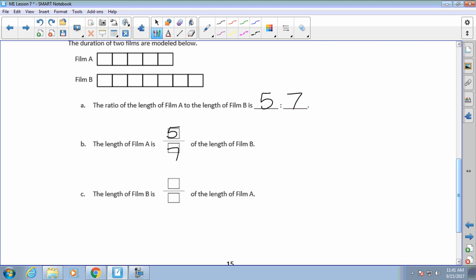A fraction that's 5 out of 7, is that greater or less than 1? Less than 1. Very good. So less than 1. Notice film A is not the whole length of film B, right? It's less than that amount.